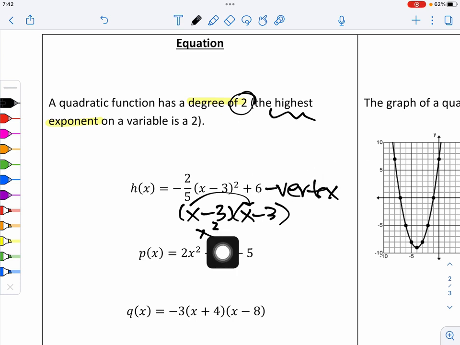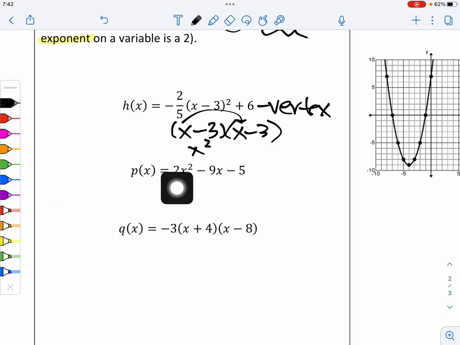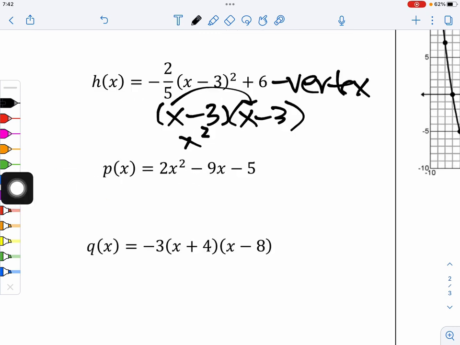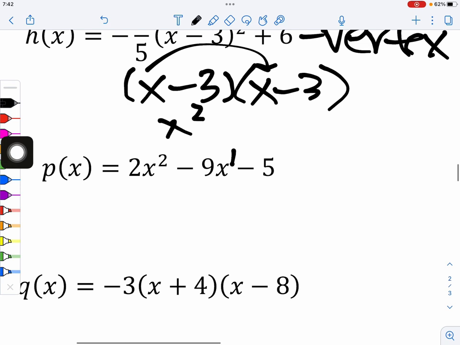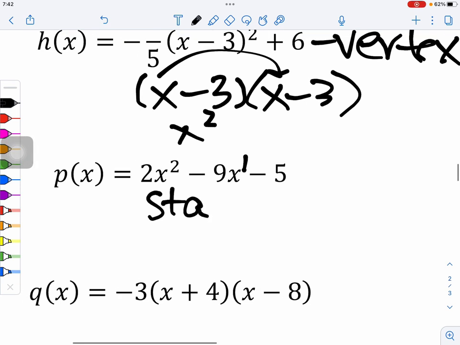So in vertex form, we are degree 2. P of x is showing me the squared, that degree 2, the exponent of 2 on my variable, and it's the highest exponent. I also have an exponent of 1 here, but as long as your highest exponent is 2, you are also quadratic. This one happens to be in standard form.